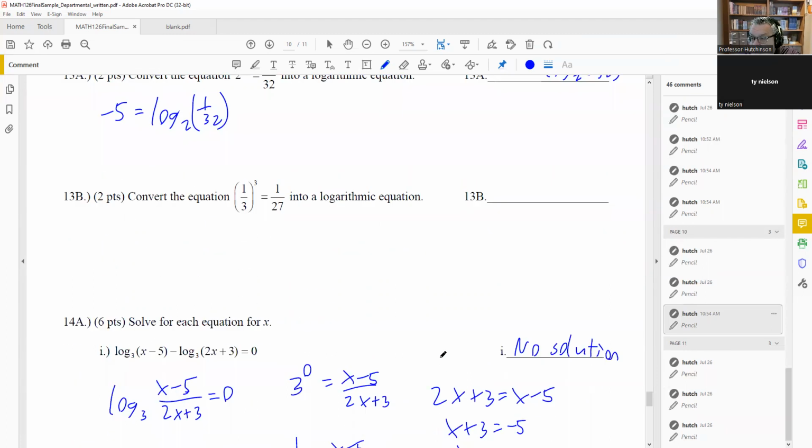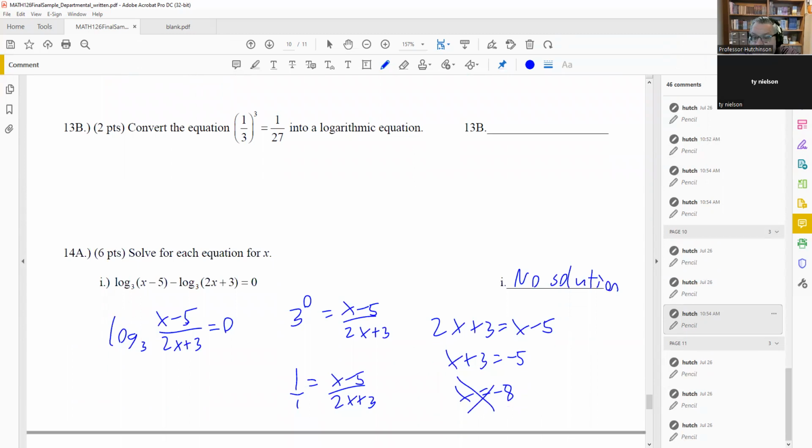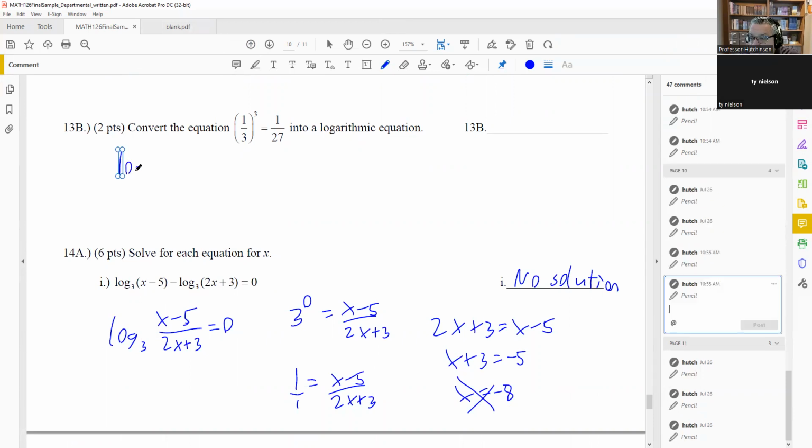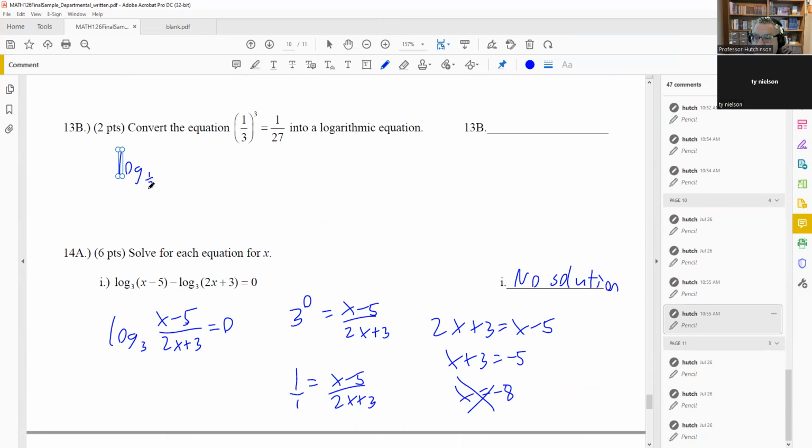Number 13, we want to change this into the log form. The fraction is going to be the base of the log. So that's what we start with first. The 3 is the number that goes after the equal sign. Whatever you have left is going to go inside the log.